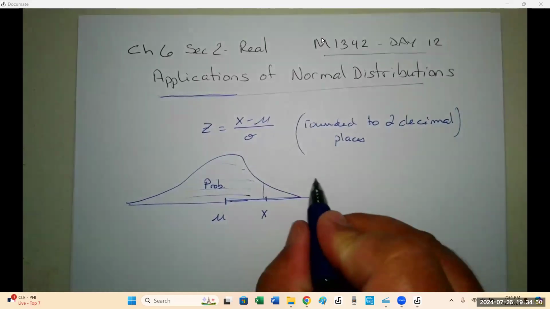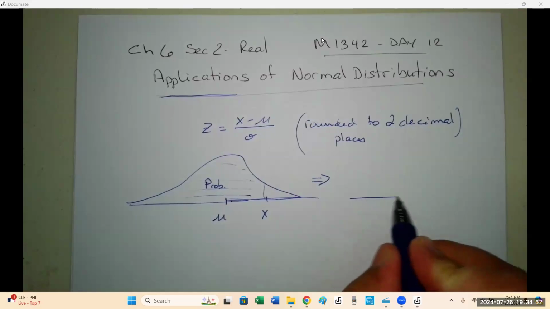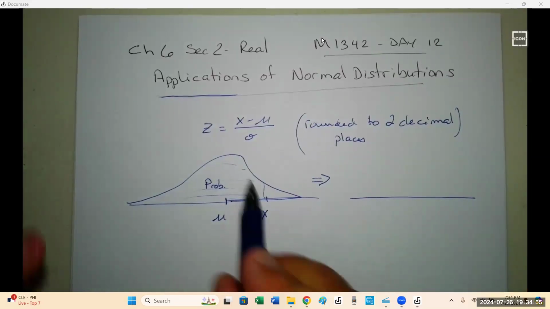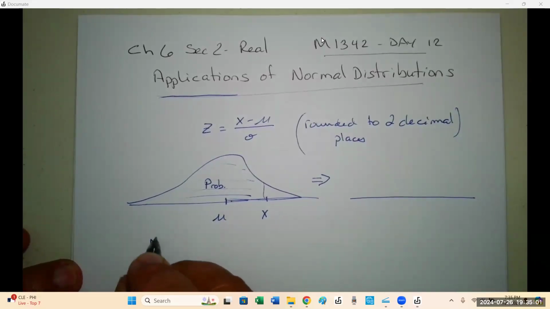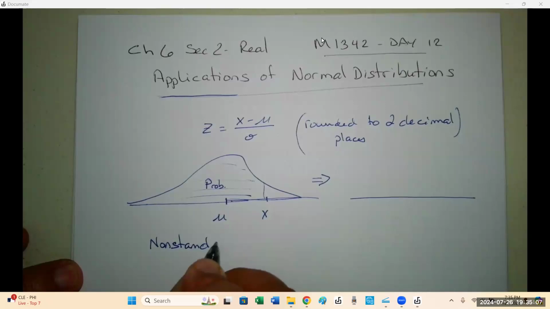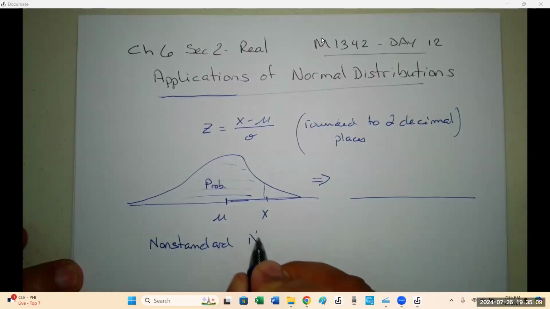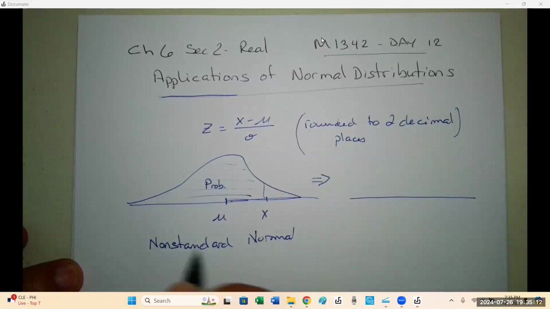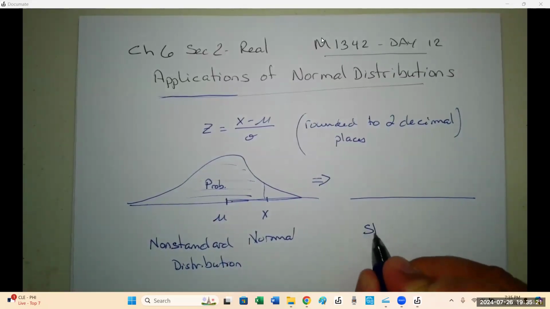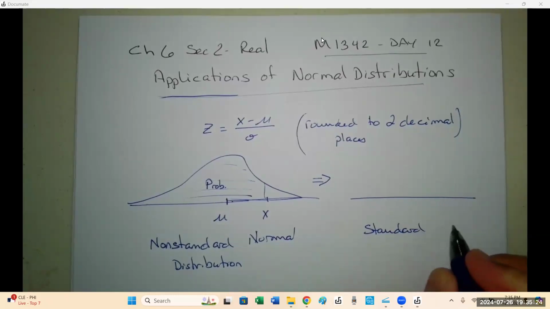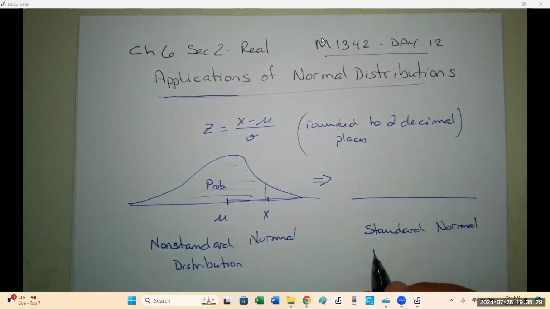Now, using our formula, we can take this non-standard normal distribution and convert it to a standard normal distribution.